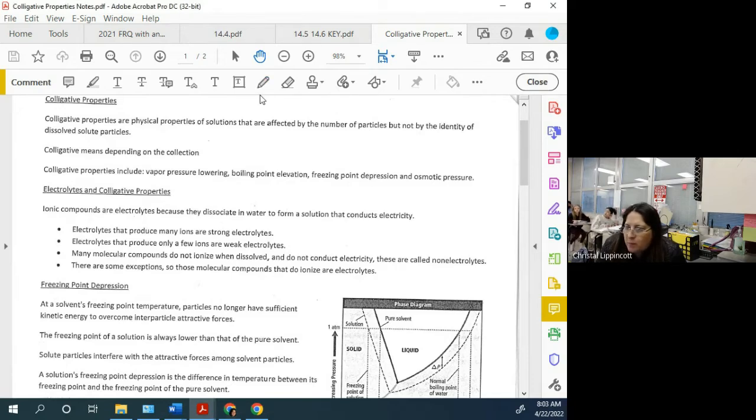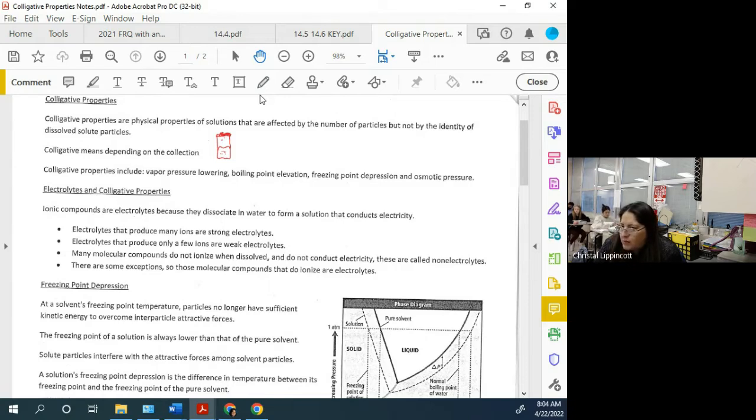So remember vapor pressure. If you have a sealed container and you have a liquid in there, you've got some of the water molecules going into gas molecules and some of the gas molecules going into water molecules. Remember that? It's kind of this transfer back and forth.